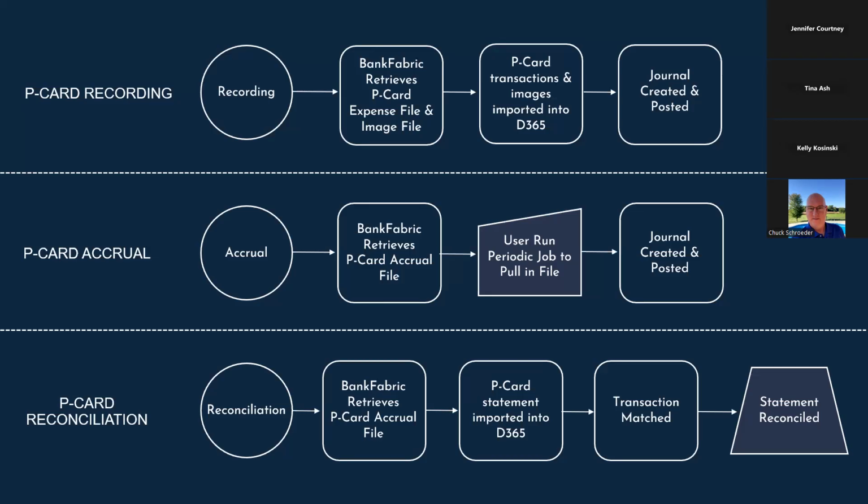And then it's going to be imported into D365 via a recurring batch job. Transactions from the statement are going to be matched against previously recorded P-card transactions using that rule-based engine. Any unmatched items will be flagged for user exception handling. Once all lines are matched, the statement will be reconciled. And this statement reconciliation does not require a D365 bank account.